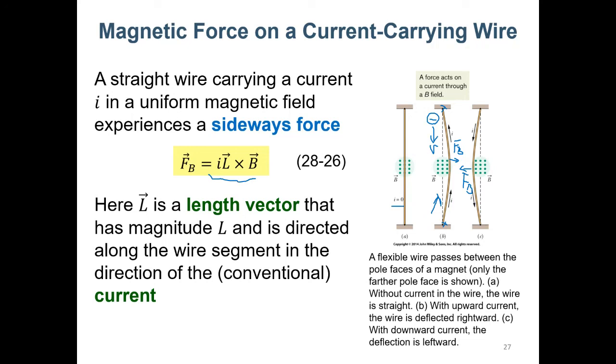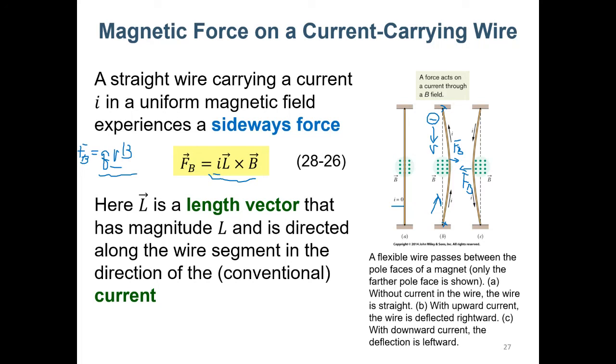F_B is actually qvB, but this is for a single electron. Now we consider a current. There are many charges, so we have I, and then v going for this length. So we have L and B.